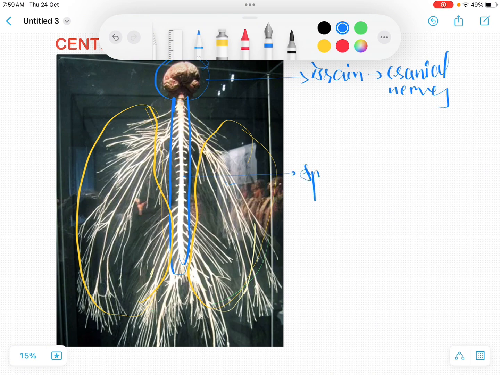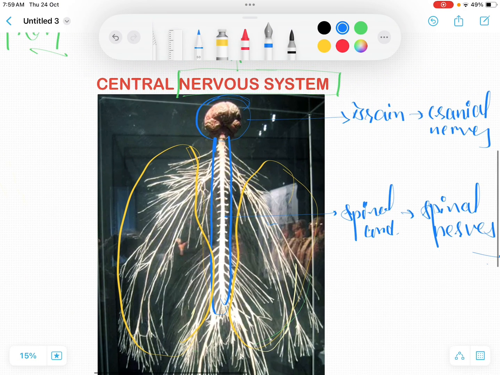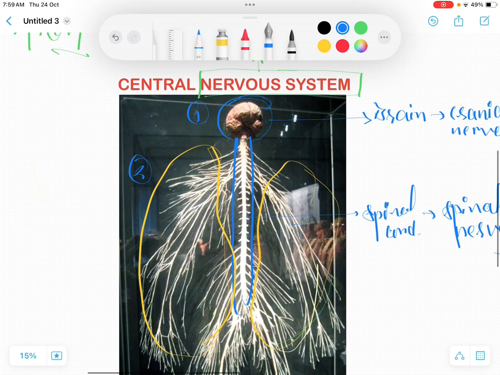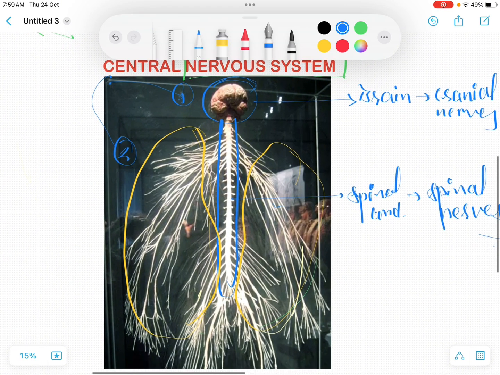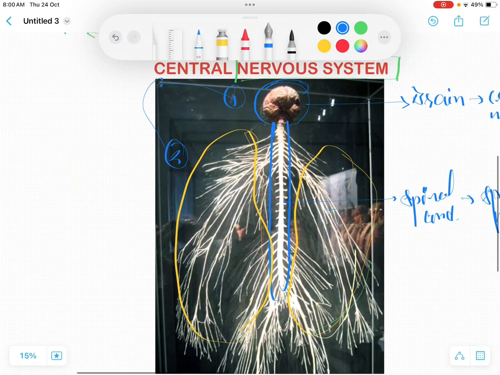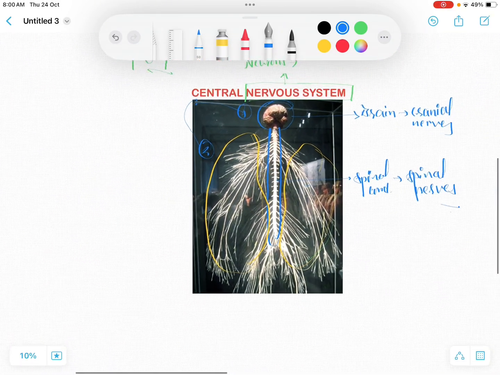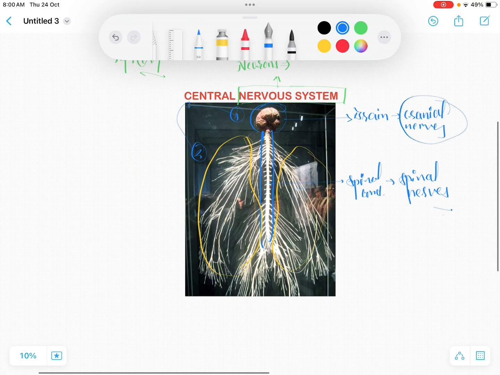This is the spinal cord, and the nerves arising from here are spinal nerves. Our brain and spinal cord form the central nervous system. The nerves that arise from the brain and spinal cord control the various parts of the body, and such nerves together constitute our peripheral nervous system. So these and these together form the peripheral nervous system.